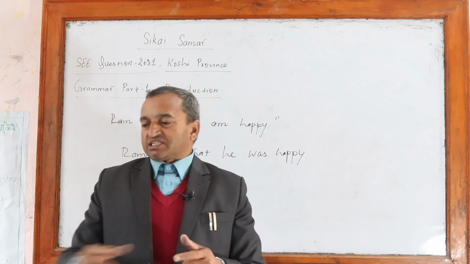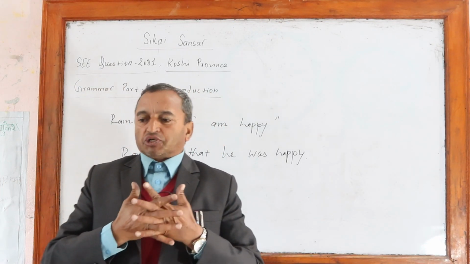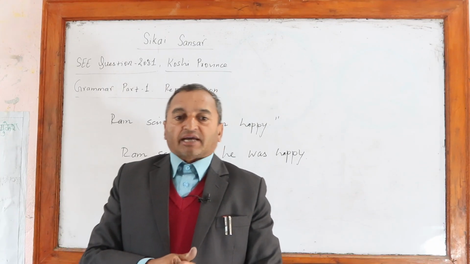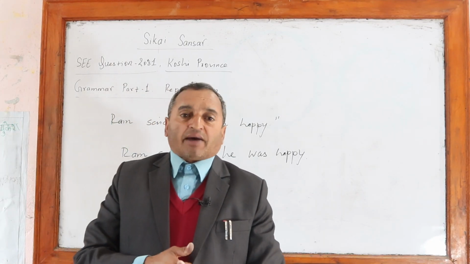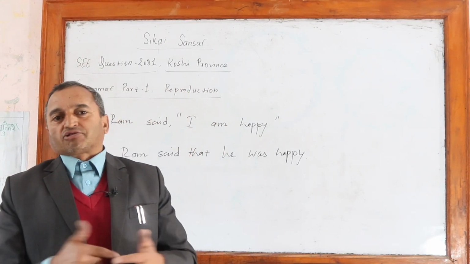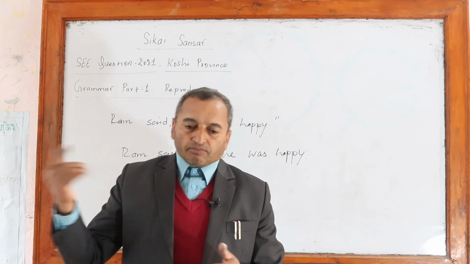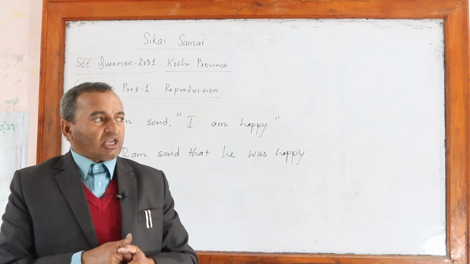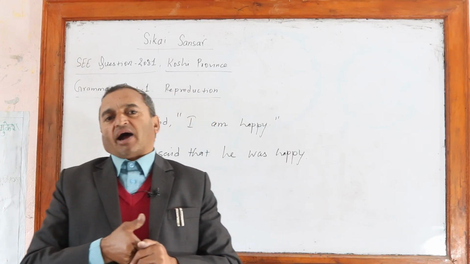So you can't miss this portion. Later in other classes we will do different kinds of activities about reading, writing, and the next part of grammar. Whatever I could do, I tried to make clear with my own examples, and I think you will get clear information about this reproduction part of grammar.